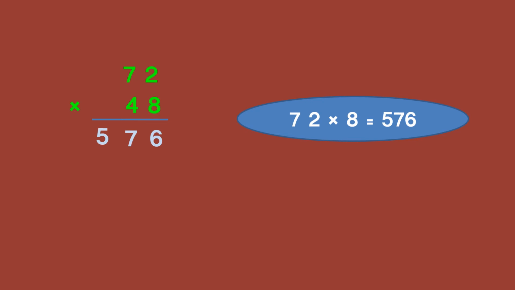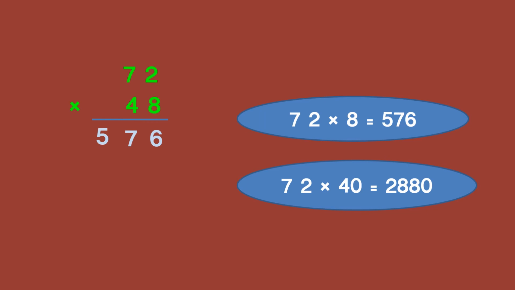Next I'm going to multiply 72 by 40 because though we have got only digit 4 here, this digit 4 represents 40. Therefore, 72 multiplied by 40 is 2880. So we'll mention it here, 2880.